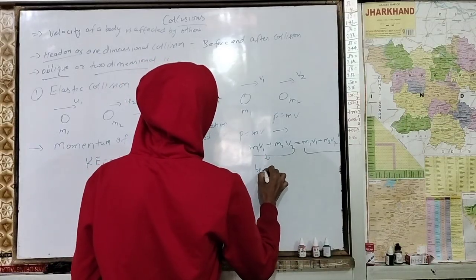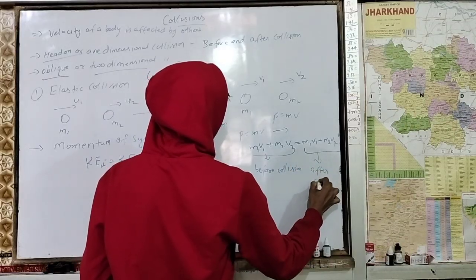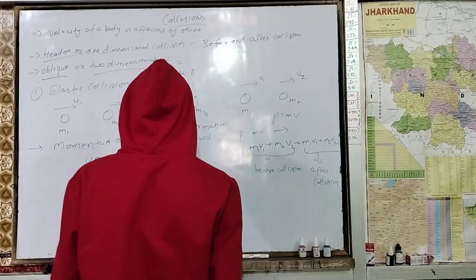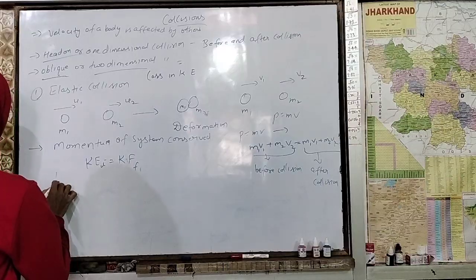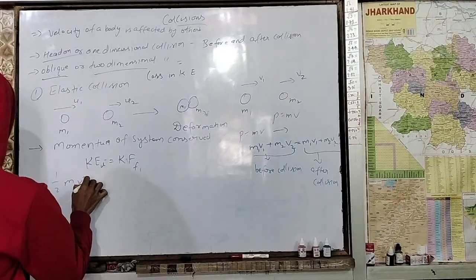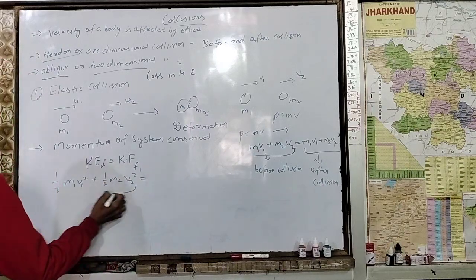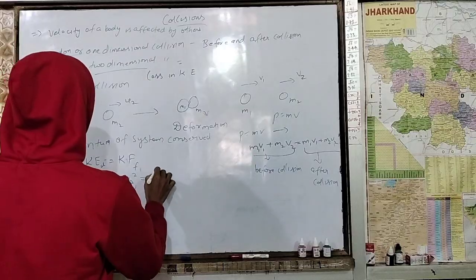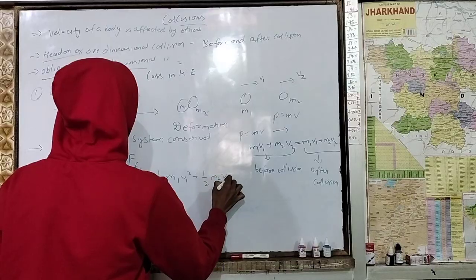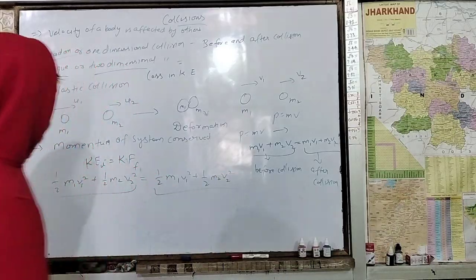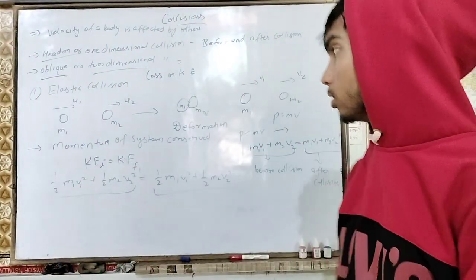For kinetic energy we know it is nothing but 1 by 2 m1 v1 square plus 1 by 2 m2 v2 square. This part is before collision, and this part is after collision. I hope you are understanding.